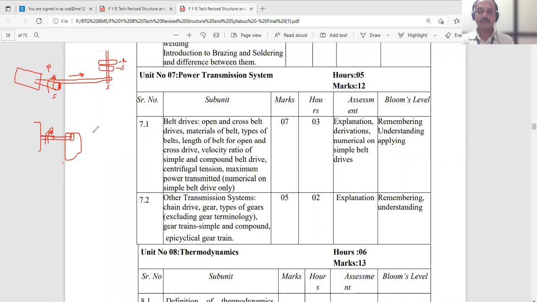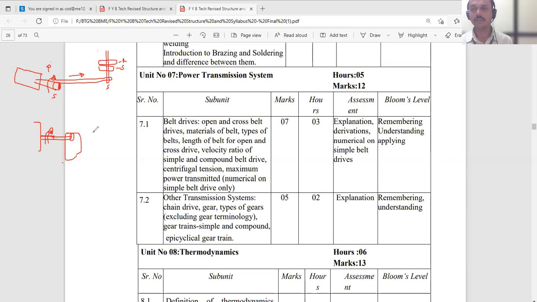So this point has a weightage of 7 marks. In that we are going to study belt drives. It means if we have to transfer power over a long distance, at that time we use the belt drive. To drive that, pulleys are required at two points, so the power can be transferred from one shaft to the other shaft. Then there are two types, the open belt and the cross belt.